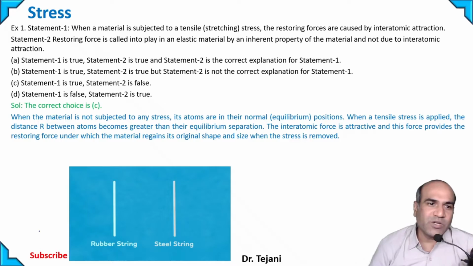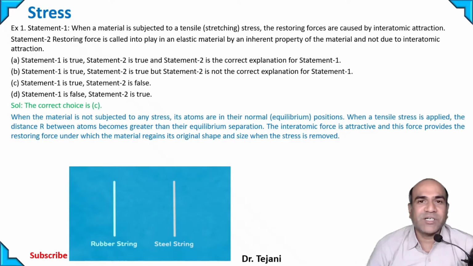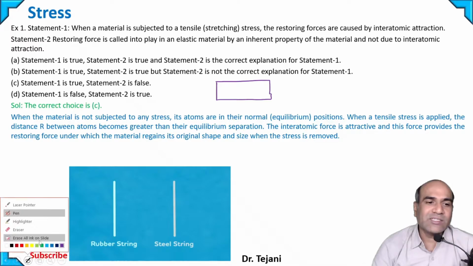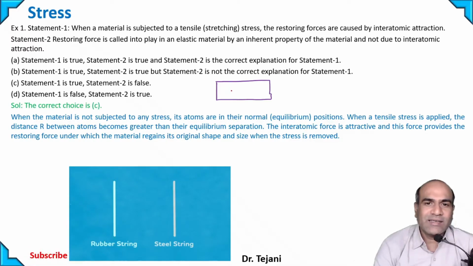So what is our explanation? When the material is not subjected to any stress, as we already saw, this is our body without any load. Let us take two imaginary molecules having this distance and having attraction, right?